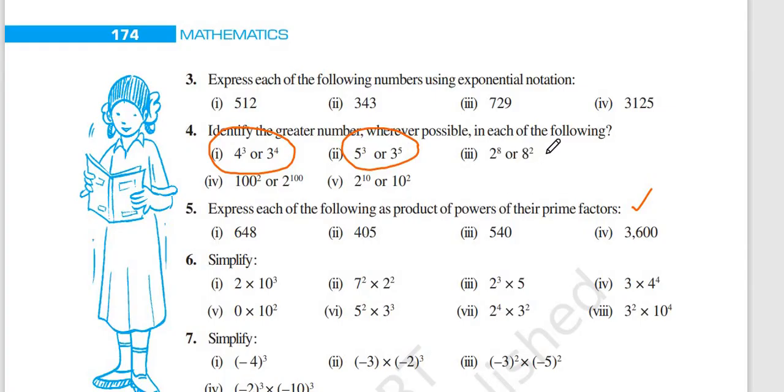So the next question is 2 to the power of 8 or 8 square.